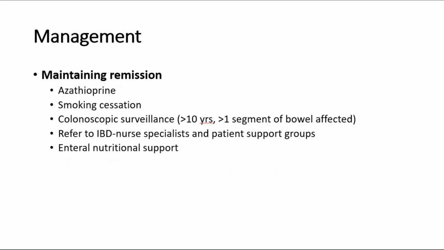Next, for maintaining remission, azathioprine is recommended as a monotherapy as first line. Smoking cessation is also advised. Due to increased risk of colorectal malignancy, colonoscopic surveillance is offered to high-risk patients. Patients should be referred to IBD nurse specialists and patient support groups. Enteral nutritional support should be considered in young patients with growth concerns.